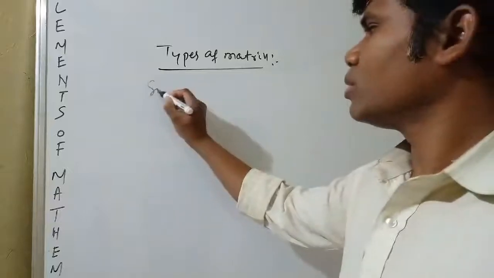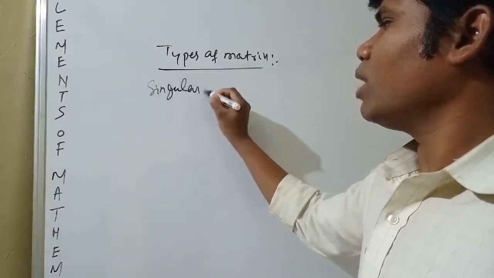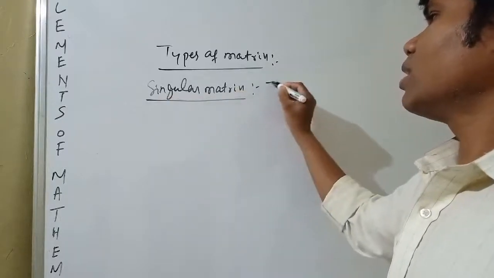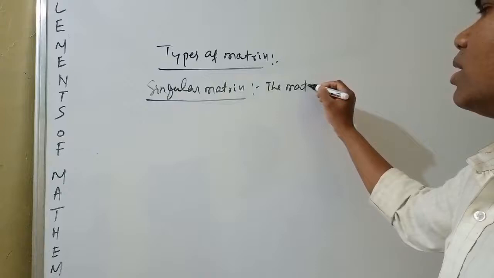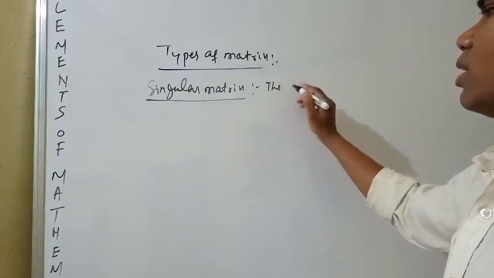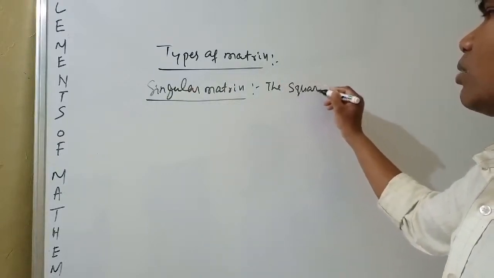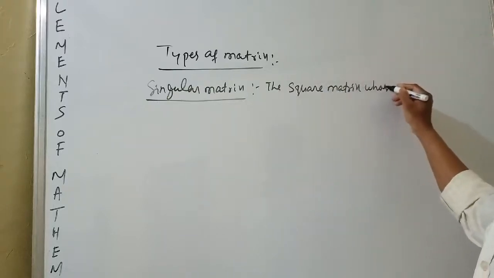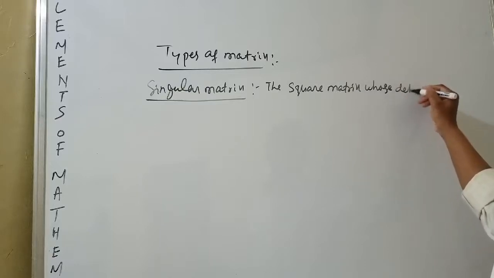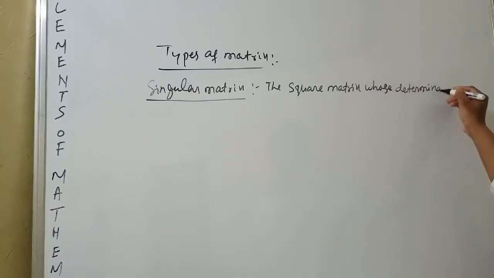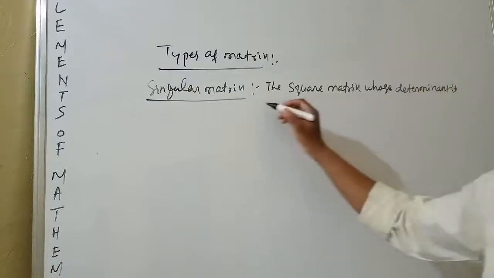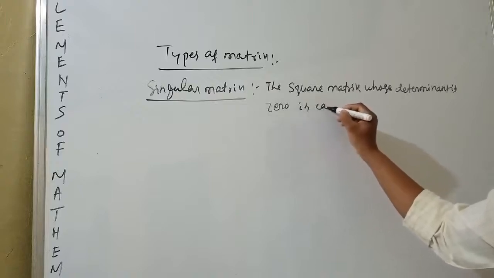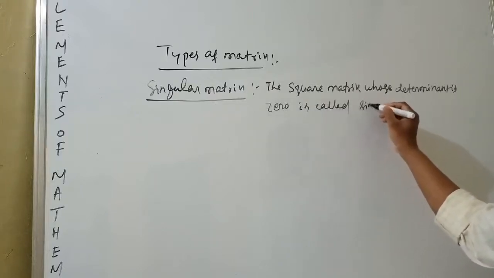Next, come to the singular matrix. The square matrix whose determinant is 0 is called a singular matrix.